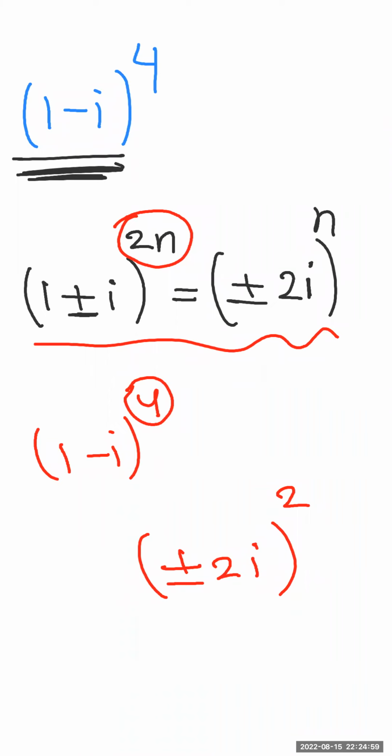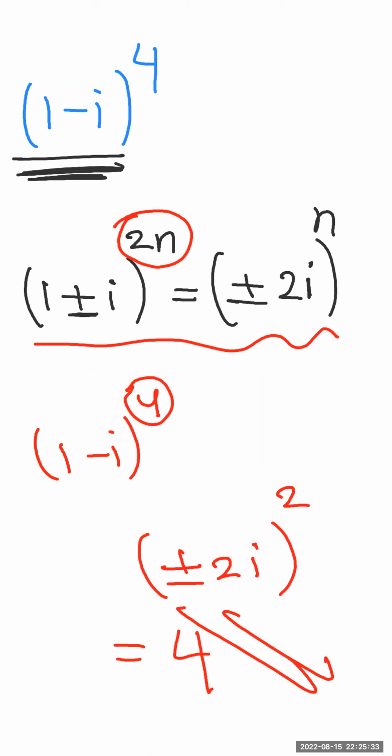Now (2i) squared, whatever the sign, the result will be negative. I squared is negative 1, so times 2, negative 2 to the power 2, it will equal 4.